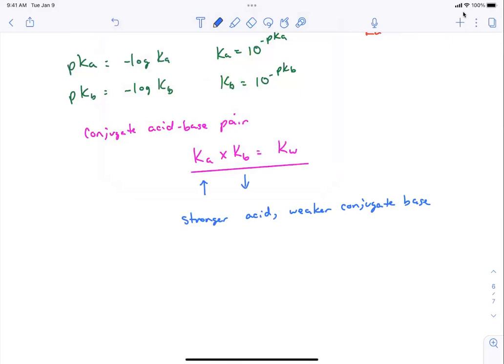And this only has to do with weak acids and bases. Strong acids and strong bases are completely way off the spectrum on both ends, so we're not really comparing those. If you're given a strong acid and any weak acid, the strong acid wins as the strongest, most dissociated acid. And it also has the weakest base by far. So this is just when we're comparing weak acids with each other. So the stronger the acid, the weaker the conjugate base.